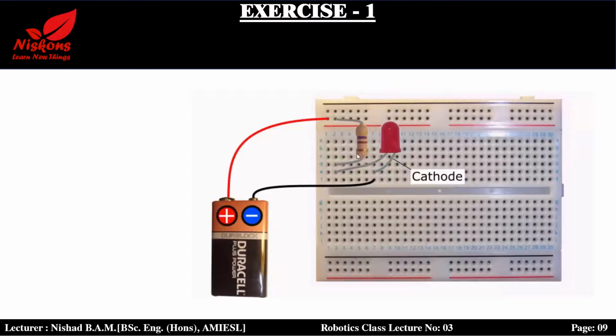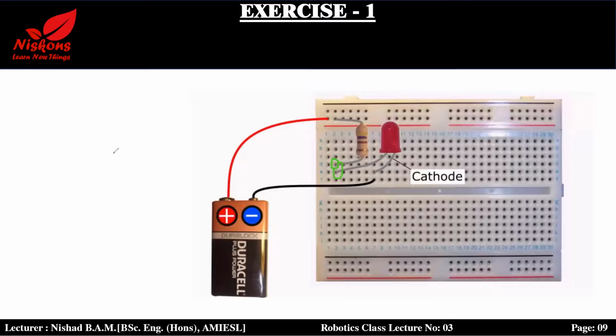After that, I have another exercise. After you have connected this one, taken a photograph, and successfully completed it, you can put in a switch. You can insert a button in between the resistor and the LED bulb.